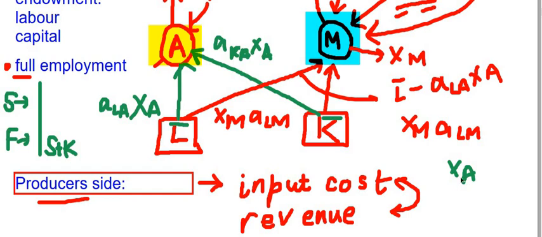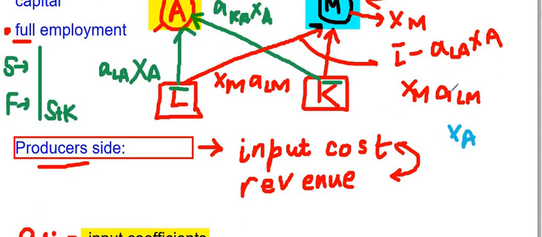Let me change the color of this font so that you know I am adding it afterwards. Let me put it blue. So XA is an unknown to the economy. Similarly, going by the same logic, XM is also unknown. These are the two outputs yet to be determined based on the zero profit condition.